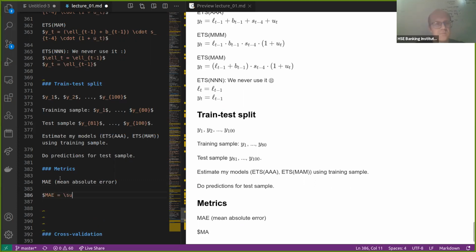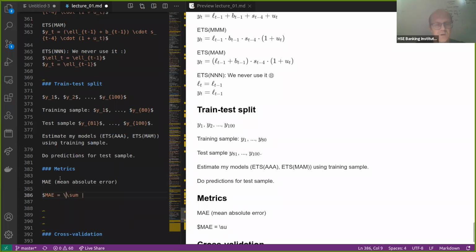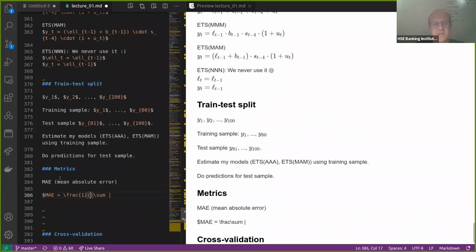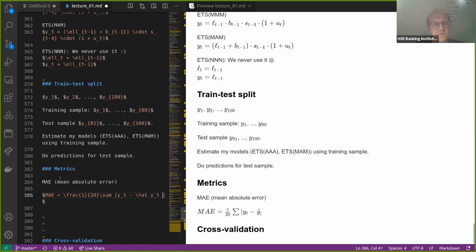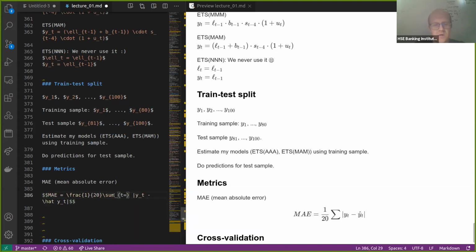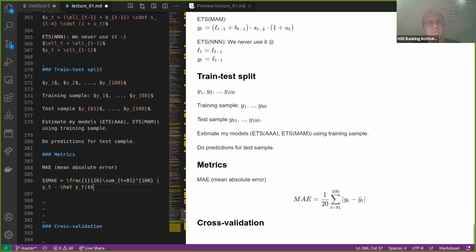I have 20 testing observations, so it's just the sum of the absolute values of y_t minus hat y_t, divided by 20. In my case, the time t would range from 81 up to 100. This is the mean absolute error.